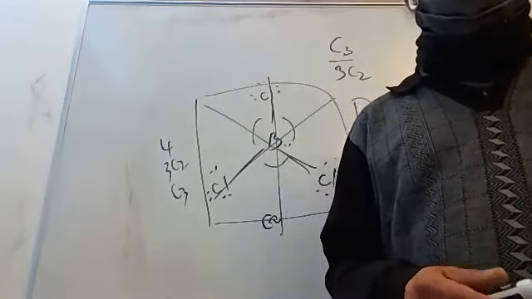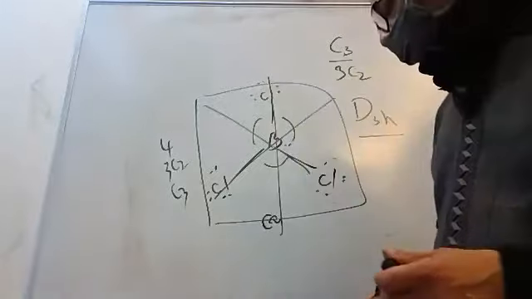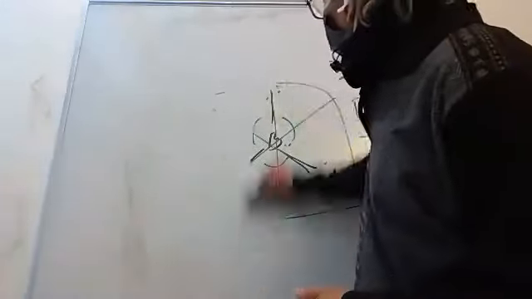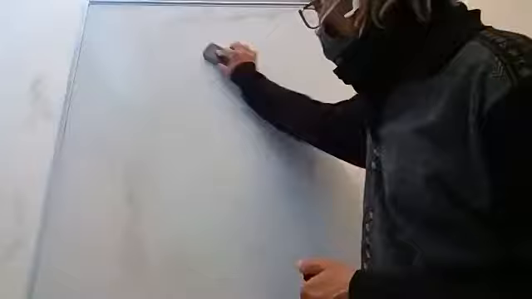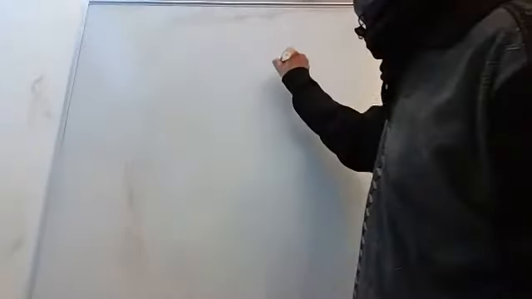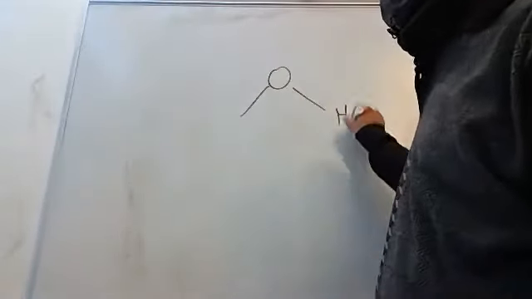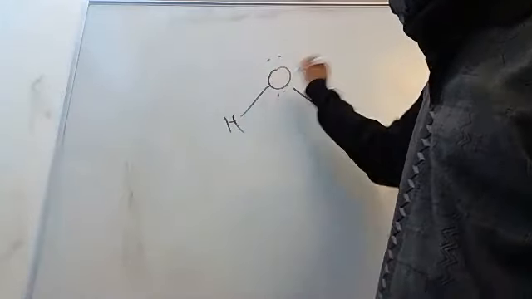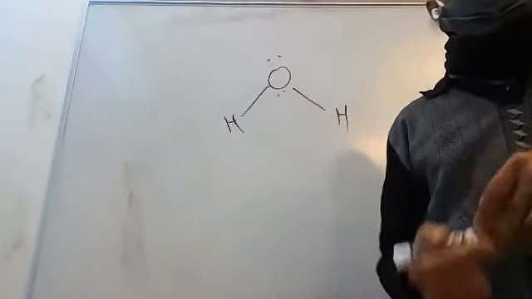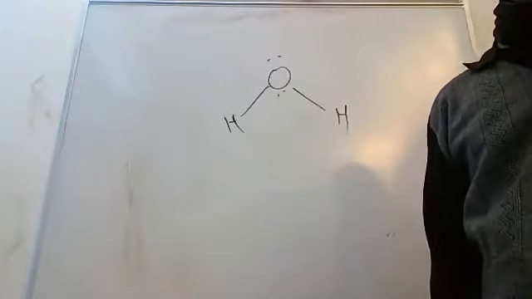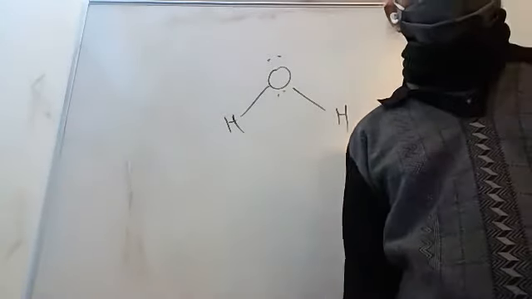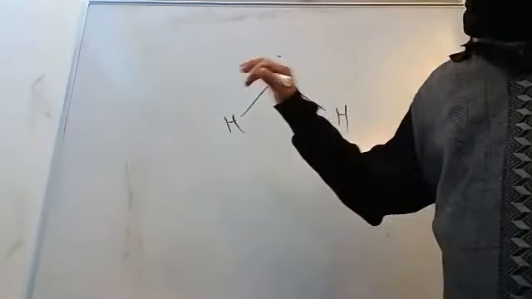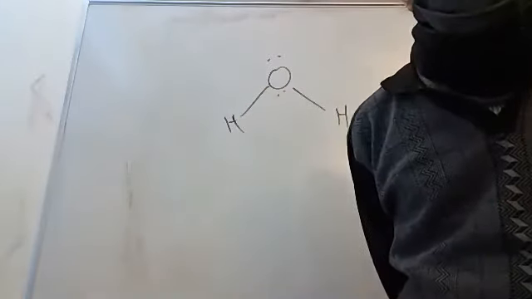We have done it quite extensively, right? Suppose I have NH3, or maybe simply we'll take water. First you have to write the Lewis structure and then find out the geometry. Once you have the geometry, you should be able to identify the symmetry elements in this molecule.